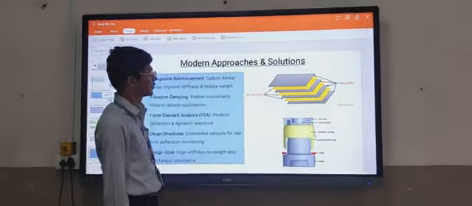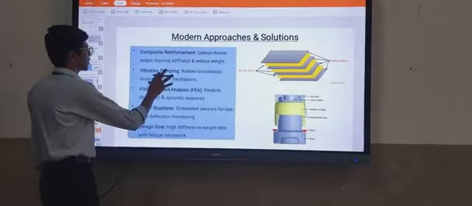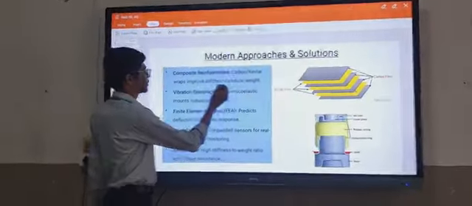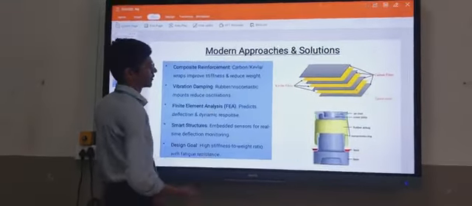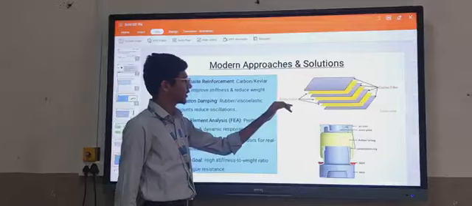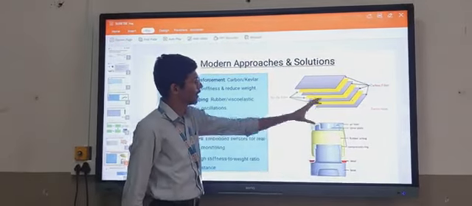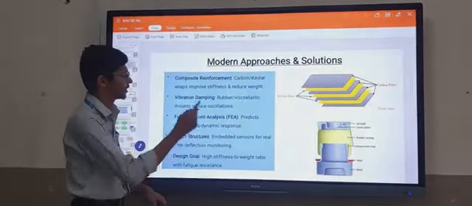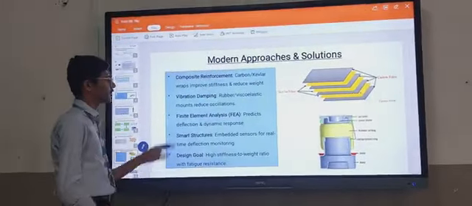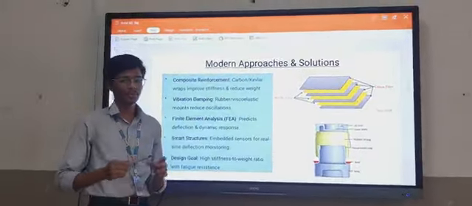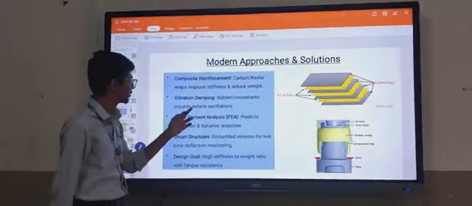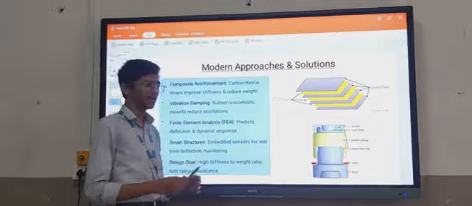Modern approaches and solutions: composite materials such as carbon fibers to reduce the weight. Carbon fiber components can reduce the weight of the antennas. For vibration damping, we can use rubber and viscoelastic mounting to resist the oscillation of the antenna.